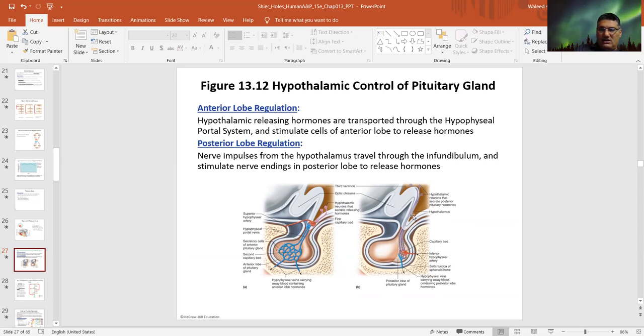The hypothalamus is going to have neurons or nerve supply, and the nerve supply is going to control the posterior pituitary, and this is where the name neurohypophysis came from. So I hope that part is clear, where the name came from and how it is controlled.